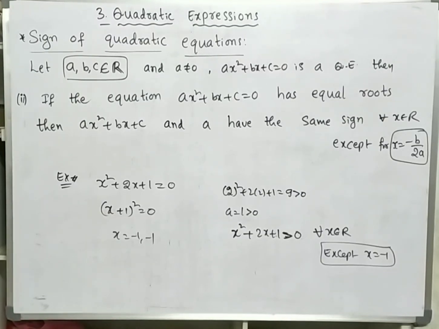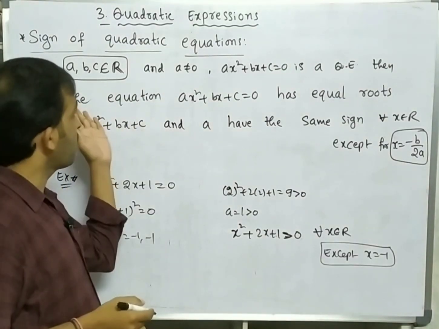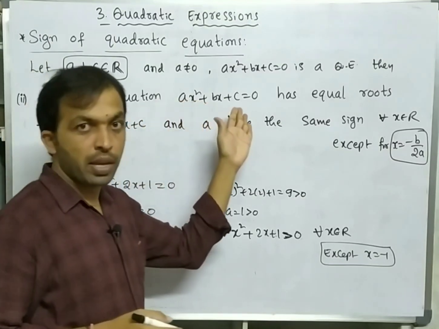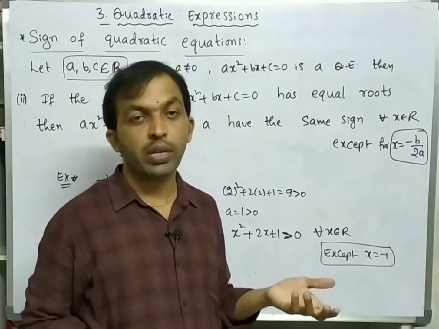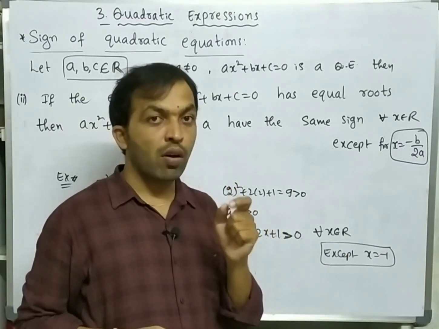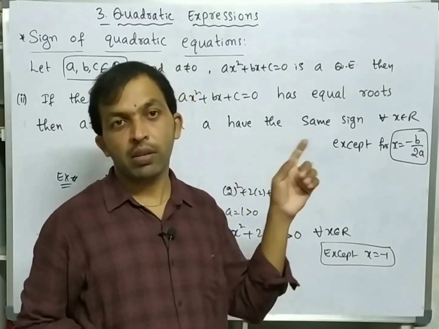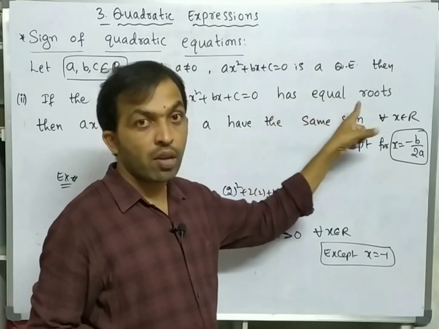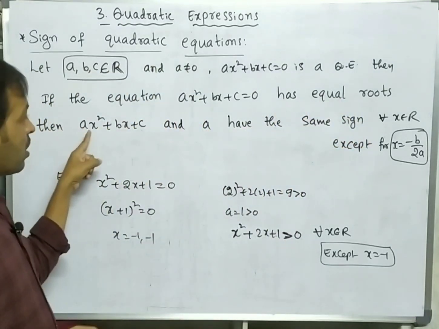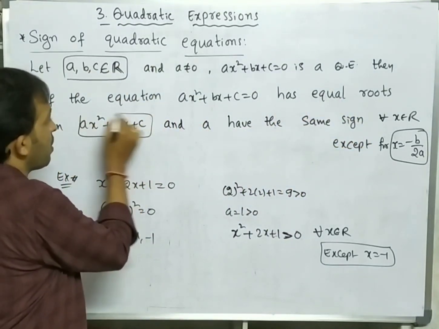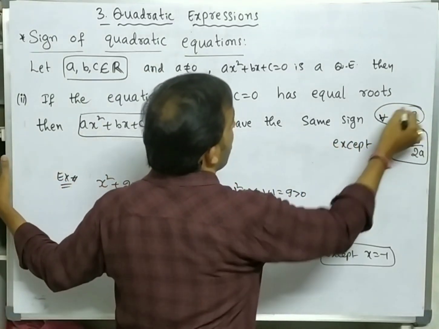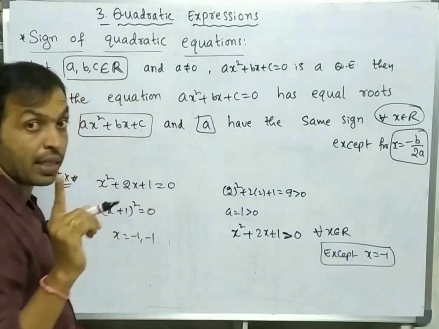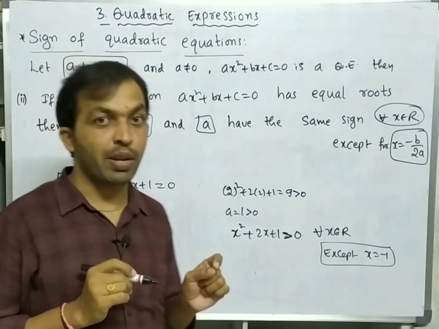Next, second important point, if the equation ax square plus bx plus c is equal to 0 has equal roots. In the previous point, they have non-real complex roots. Here it has equal roots. Then this quadratic expression and a have the same sign for all x belongs to R except x is equal to minus b by 2a.